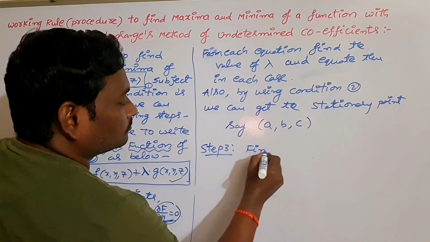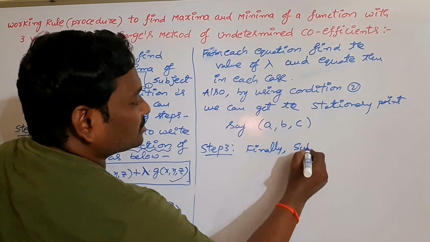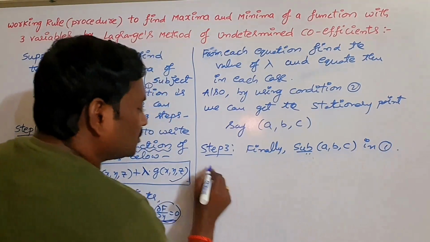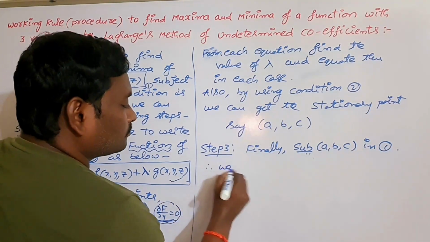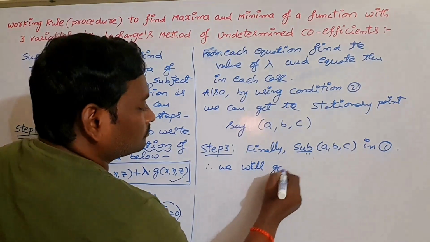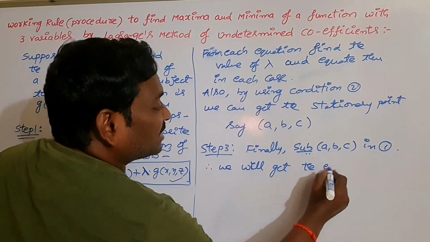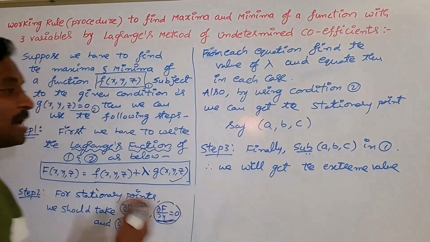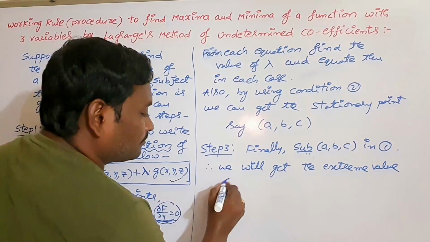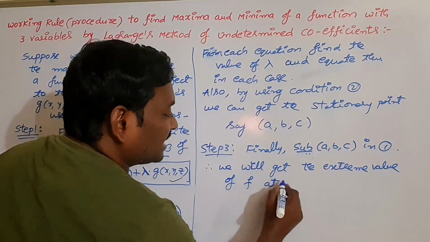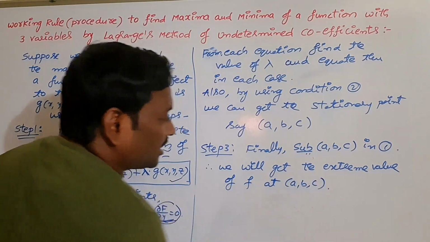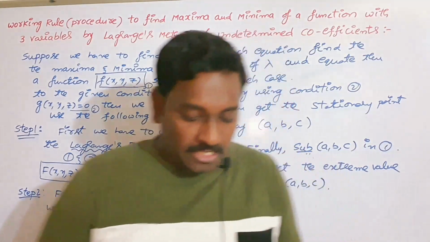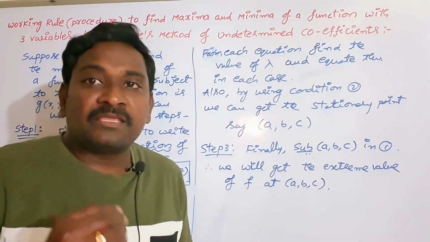So finally, substitute this stationary point A, B, C in 1. So we will get the extreme value. Already you know that extreme value means it may be maximum, otherwise minimum of the given function. Value of f at A, B, C. Okay, so this is the limitation in this Lagrange's method, because this Lagrange's method does not give the conclusion.